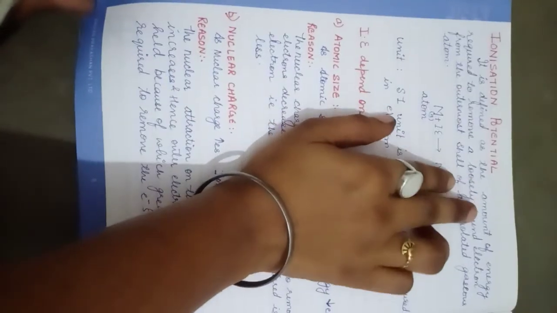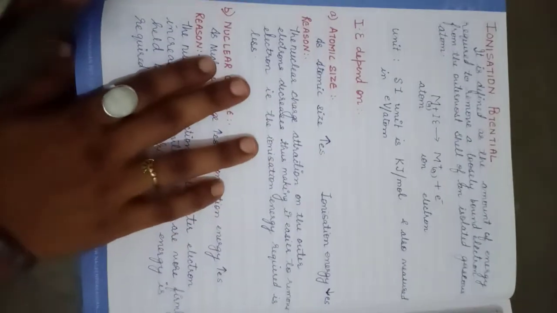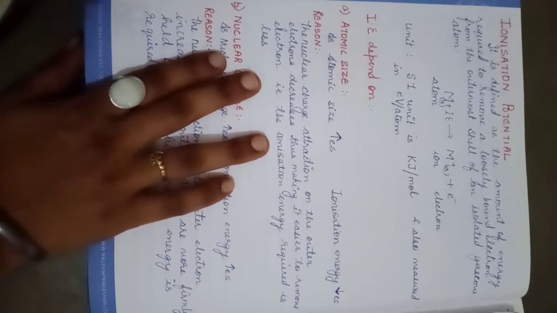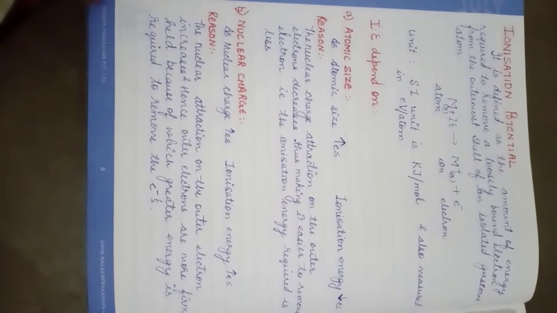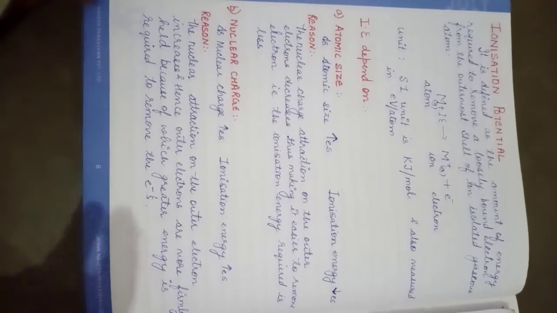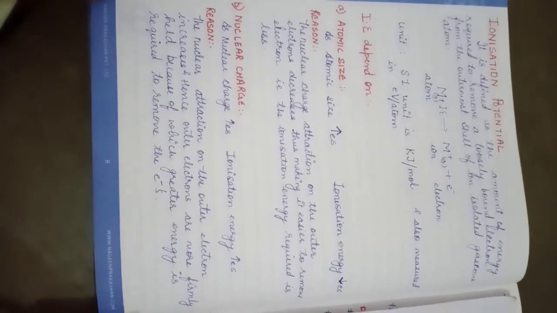It is defined as the amount of energy required to remove a loosely bound electron from the outermost shell of an isolated gaseous atom. Now let us understand what the definition is telling us. It is telling you that whenever an atom wants to become stable, it will gain stability only in two cases.